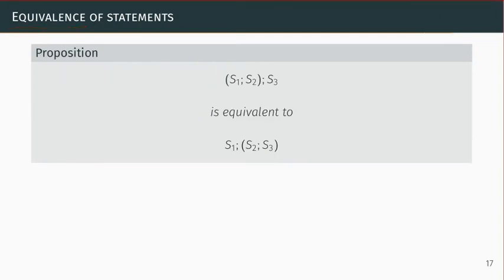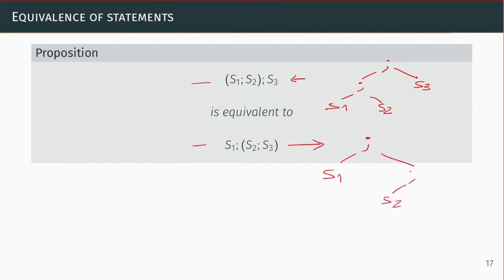An application of equivalence is the following one. If we have two nested sequences, such as these ones, it doesn't matter how we nest them. So whether we nest them like this, in this case we will have something like semicolon and S3, and in the right hand side we have another semicolon with S1 and S2, or whether it's nested like this, we have S1 here, a semicolon, S2, S3.